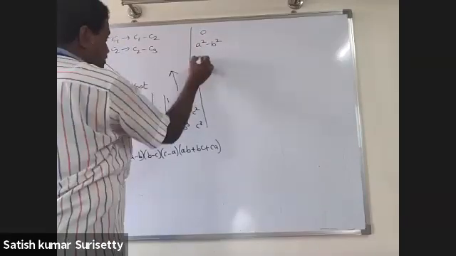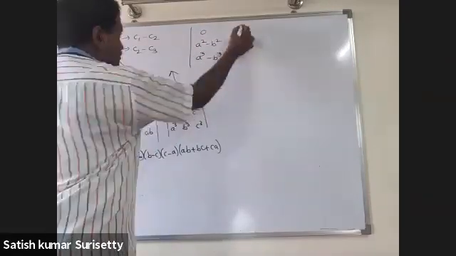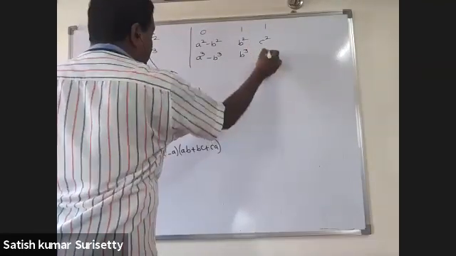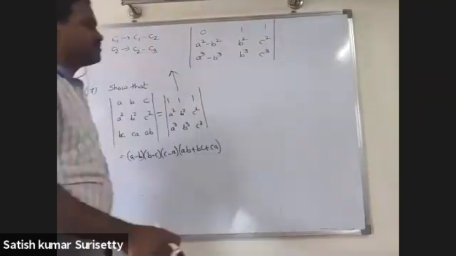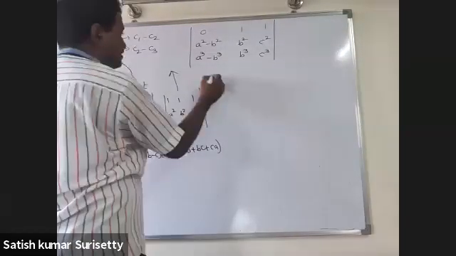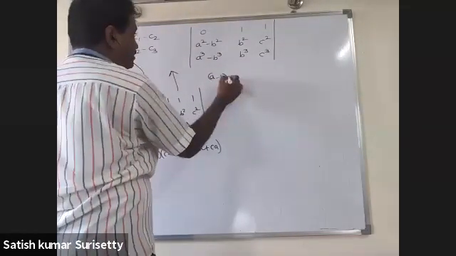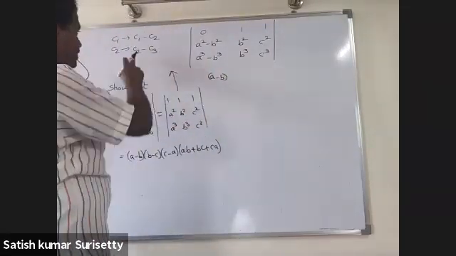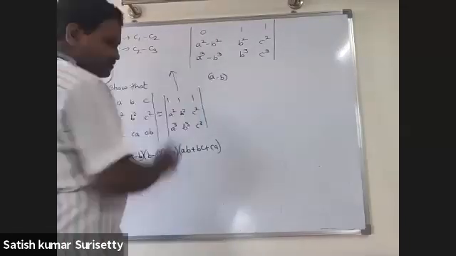A square minus B square, A cube minus B cube, 1, B square, B cube, 1, C square, C cube. Now, take common A minus B and B minus C. So, this will be what? C2 to C2 minus C3.